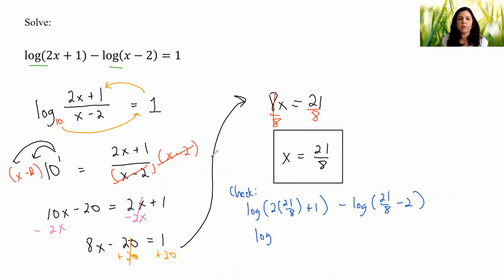So this gives me 25 over 4. And if I do 21 over 8 minus 2, that gives me 5 over 8. And then I could type each of these into my calculator using the logarithmic button, and we will see that it equals 1. So that is our solution.